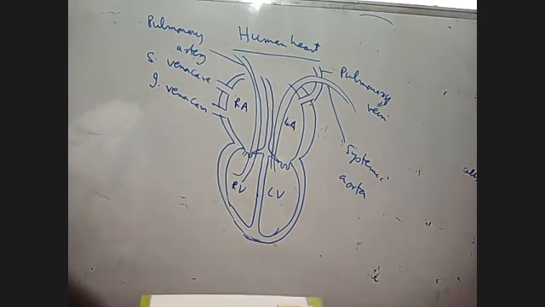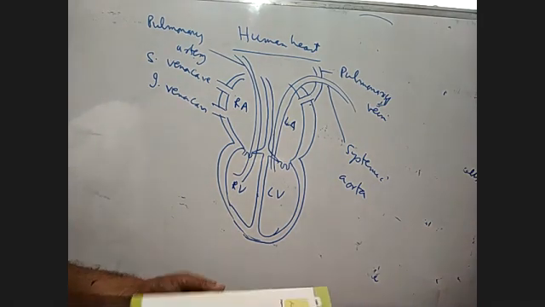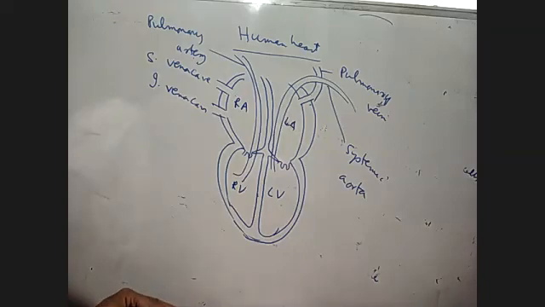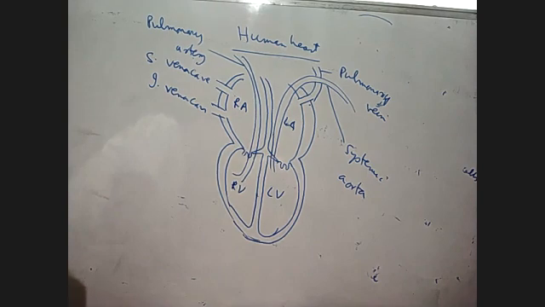ECG is important, and double circulation, and a little bit of disorders. We will try to complete this within one more class, or a maximum of 2 classes, and then 1 class we take for question answers. Right, so today we conclude our class here.